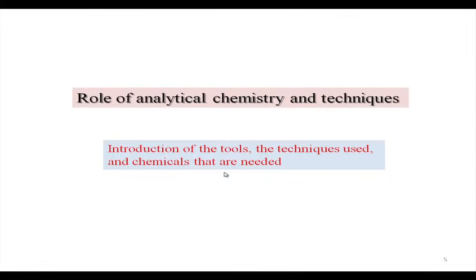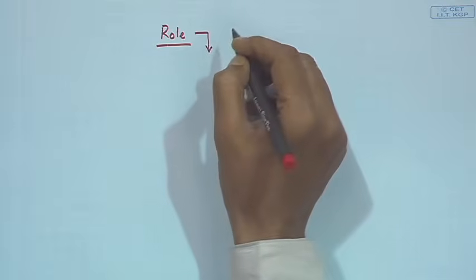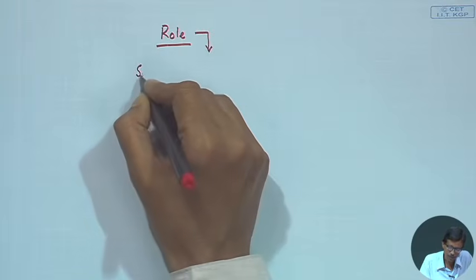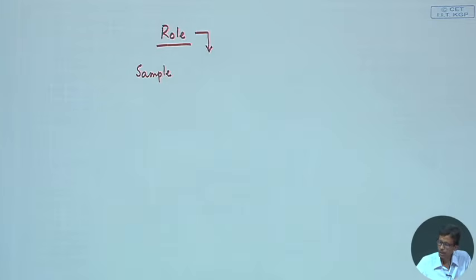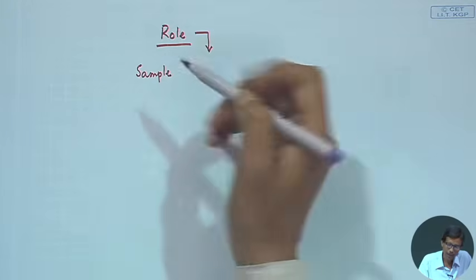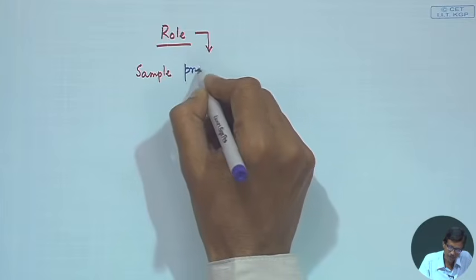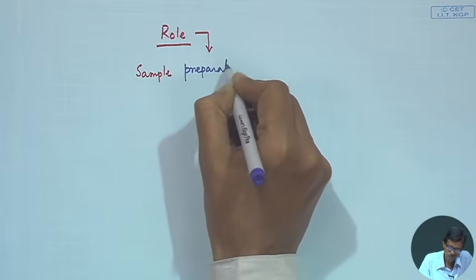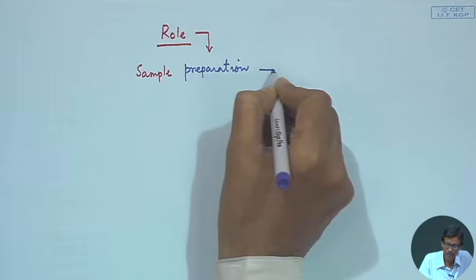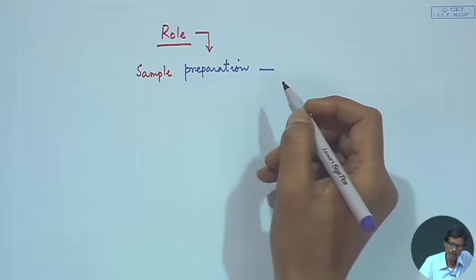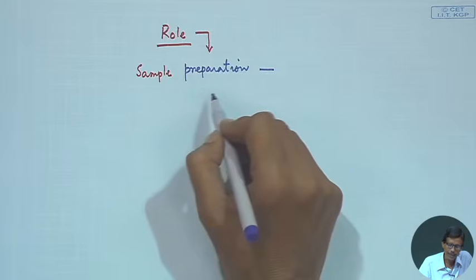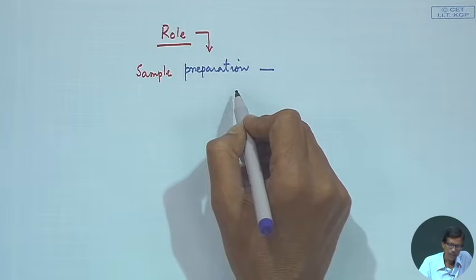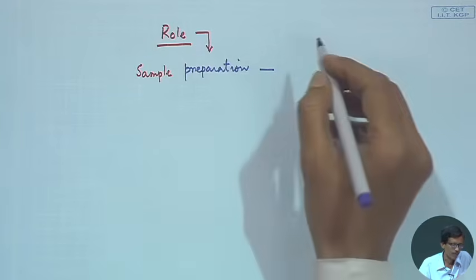So, first, briefly we should discuss this particular role in terms of the sample, and we are already discussing the corresponding sample and the sample preparation. From the real life examples we have seen, starting from the ore to deer kidneys, how we get the corresponding sample for this particular analysis.